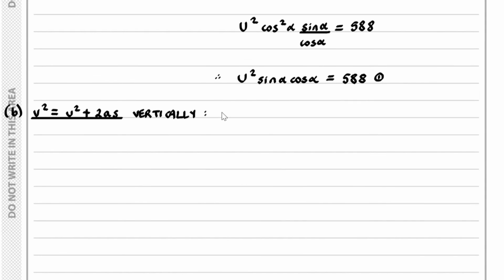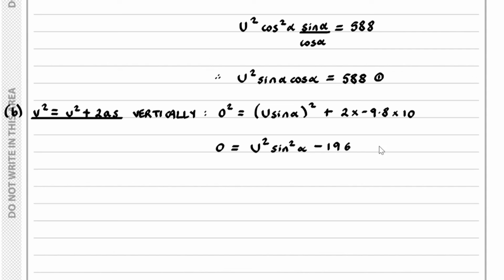So we have 0 squared equals the vertical component u sine alpha squared plus 2 times minus 9.8 times 10. So we have 0 equals u squared sine squared alpha minus 196. We'll call this 2.